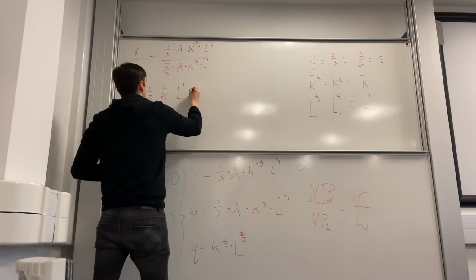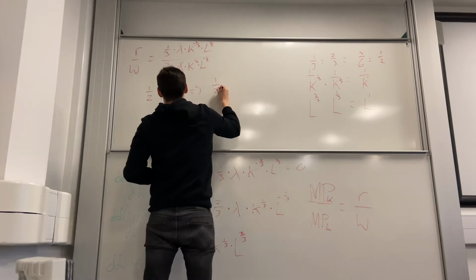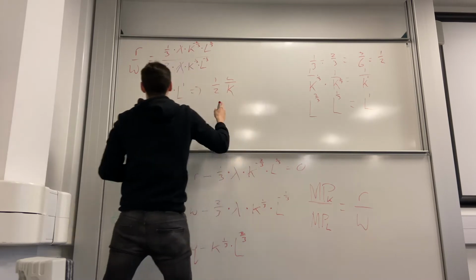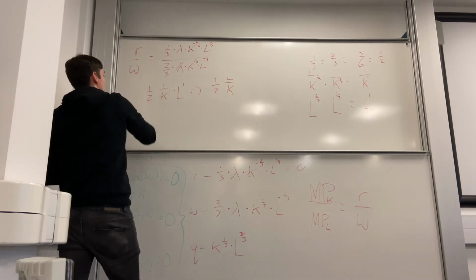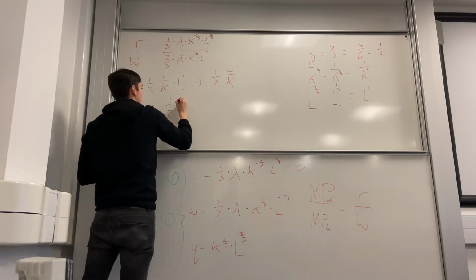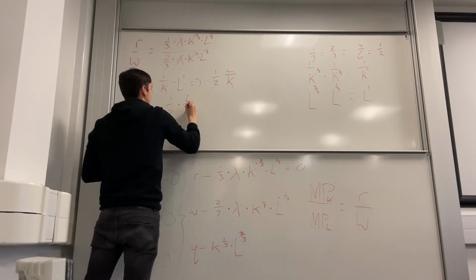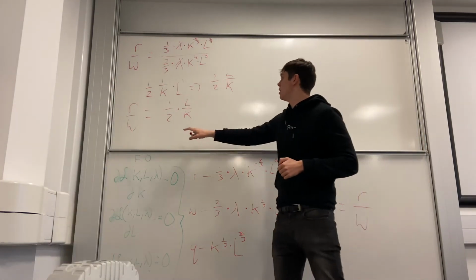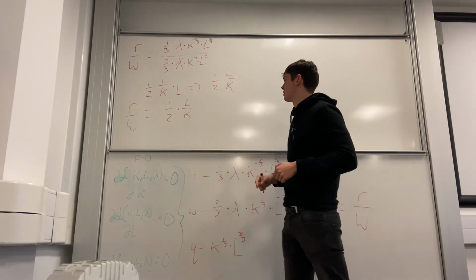And that's going to simplify to 1 over half. Okay, so adding these in, R over W is equal to 1/2 times L over K.